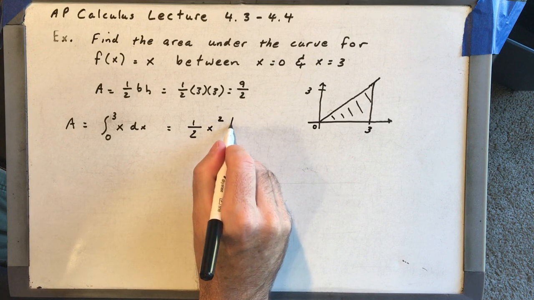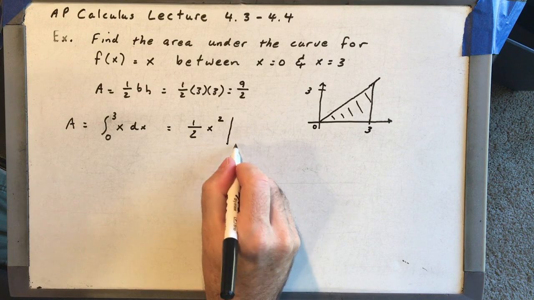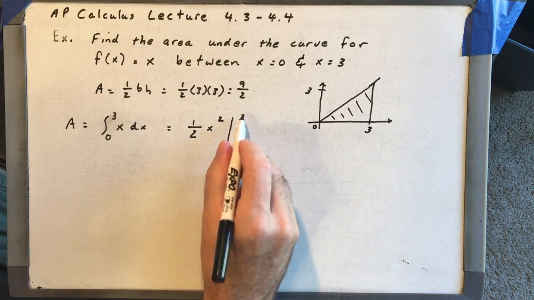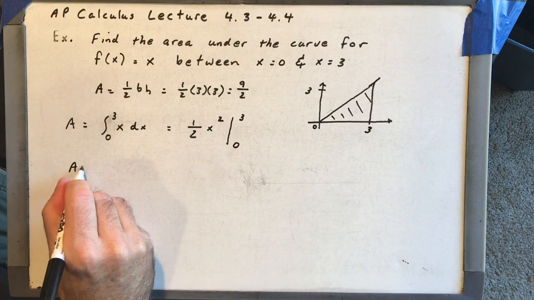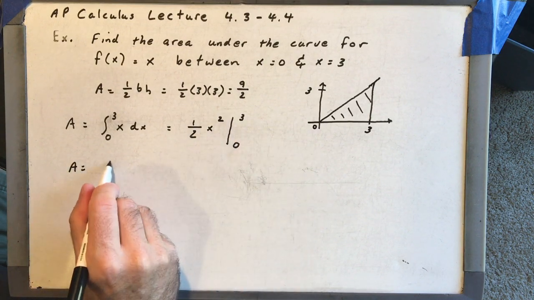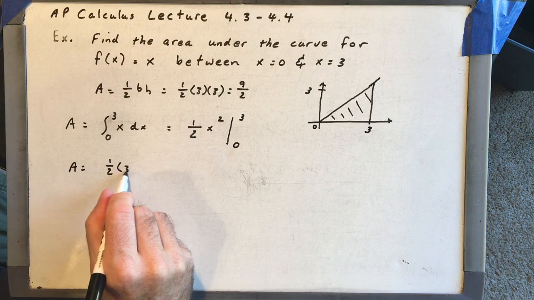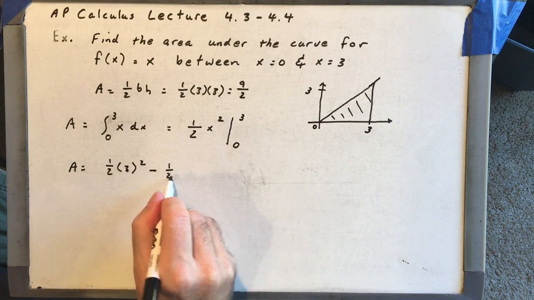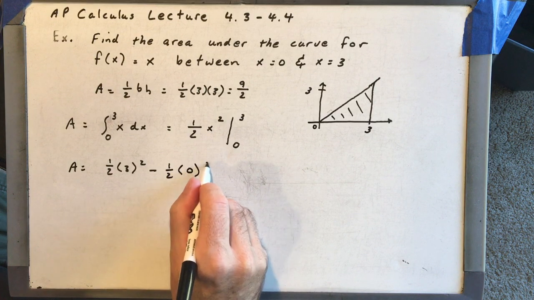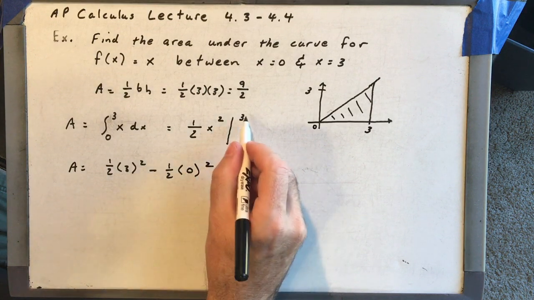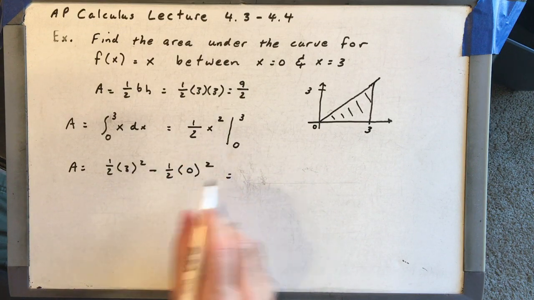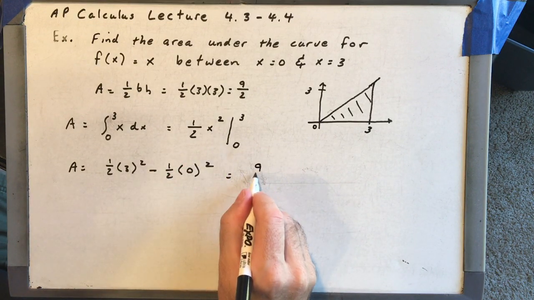The way that you write it is you put a vertical line and put the bottom limit and the top limit, from 0 to 3. We're going to plug in 3, 1/2 times 3 squared, and subtract 1/2 times 0 squared. The top limit minus the bottom limit plugged into the antiderivative. And that's going to give you also 9/2.